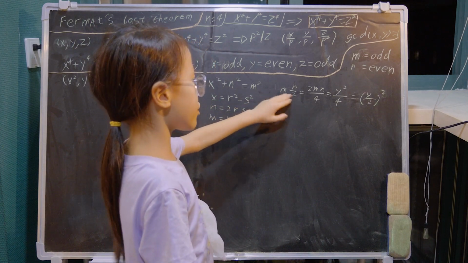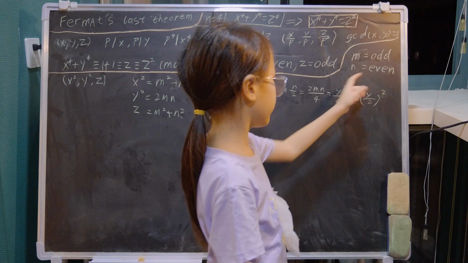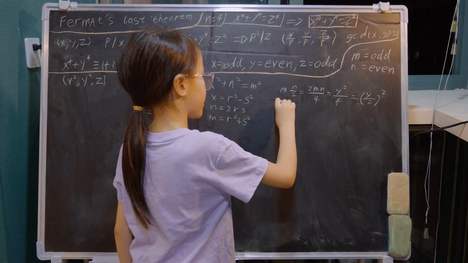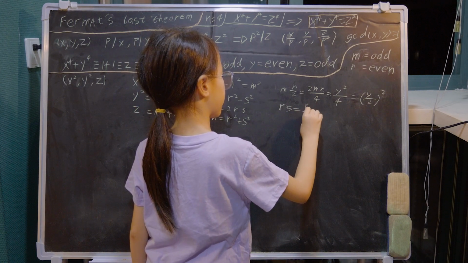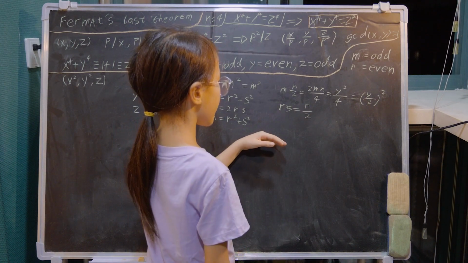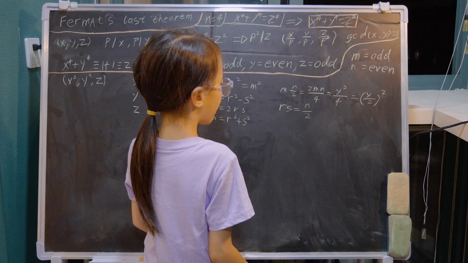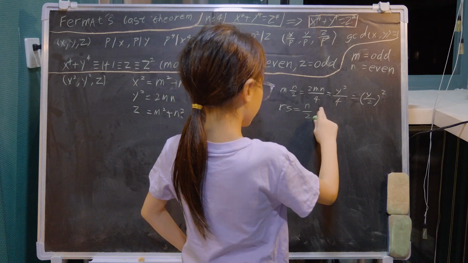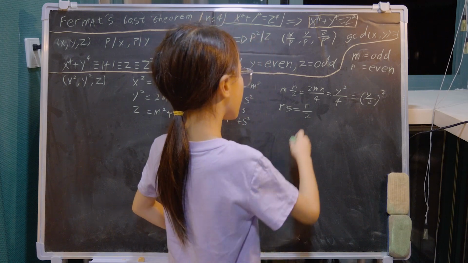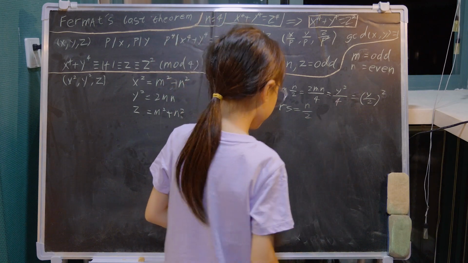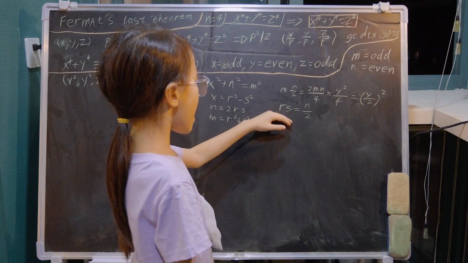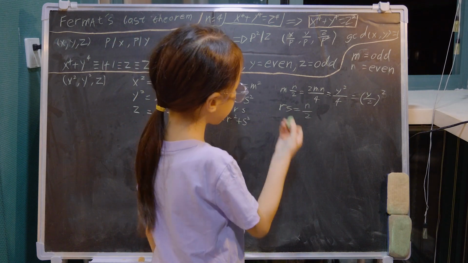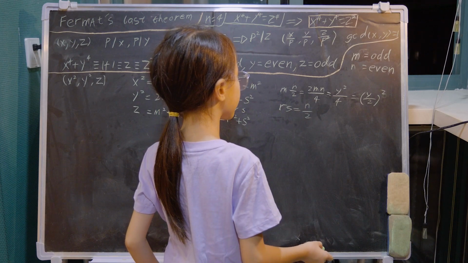So these two are squares from this. So they're perfect squares, and another thing we know is rs is equal to n divided by 2. Because r and s are relatively prime, and n divided by 2 is a perfect square, so r and s are perfect squares.